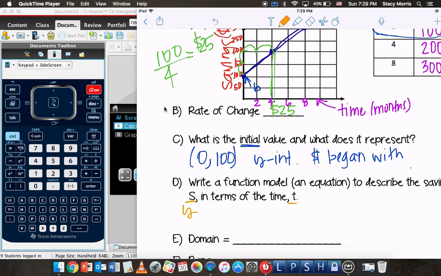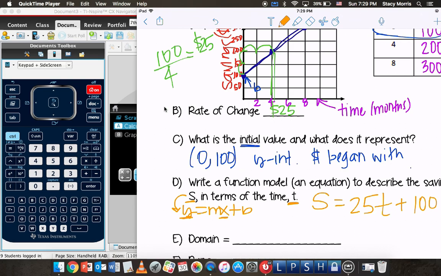So just know y equals mx plus b is what we're really writing, but instead of y, we're putting in S, and instead of x, we're putting in T. So her savings is going to be equal to her rate, which is $25 per month, times time, which is months, plus her beginning amount or initial value, which was 100.